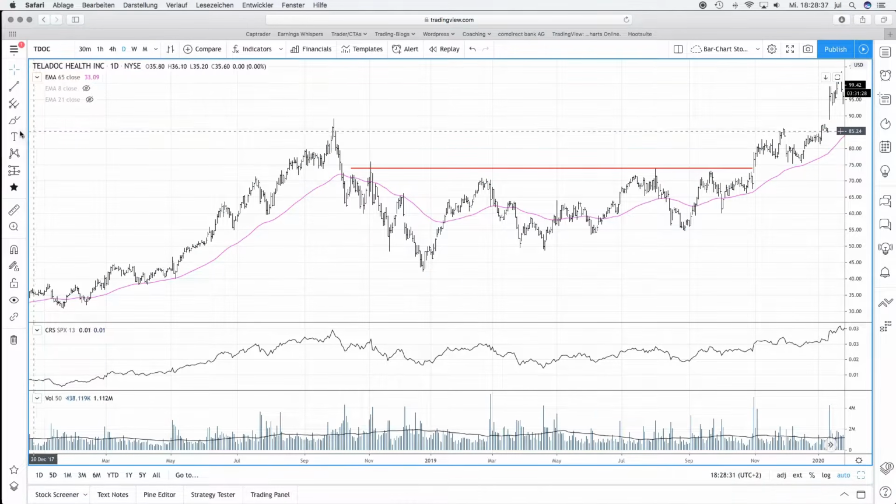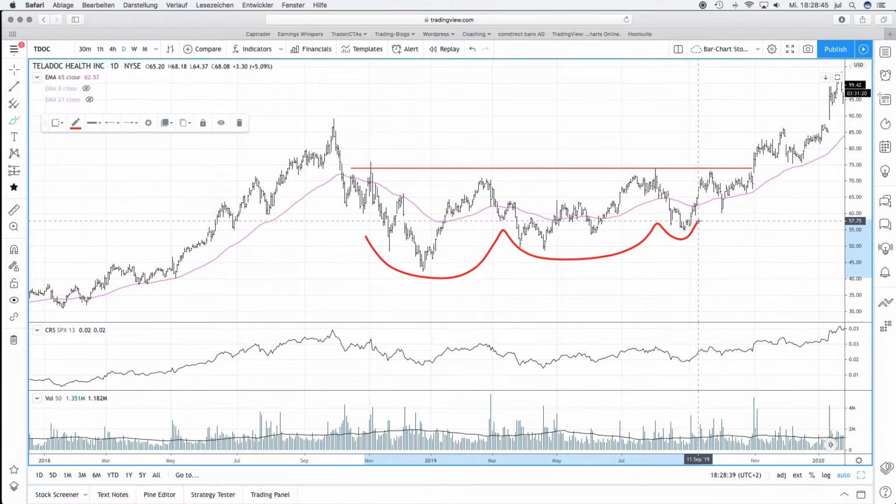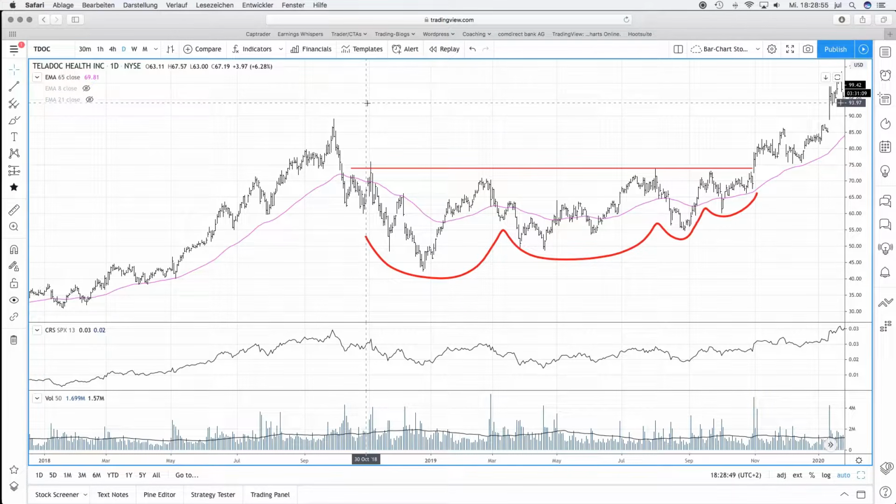And then I will also draw in these higher lows here. The important point of a volatility contraction pattern is that every downswing, or every correction inside the pattern, is less than the previous correction.